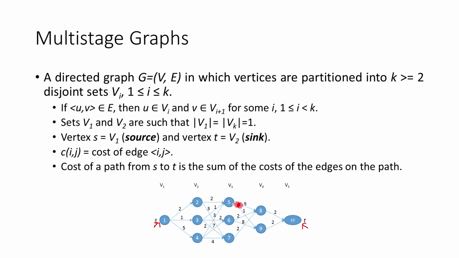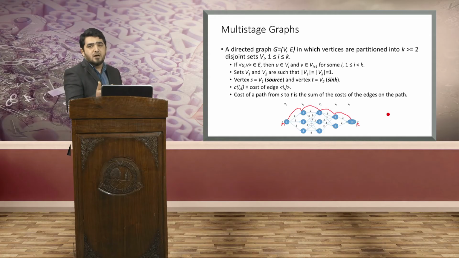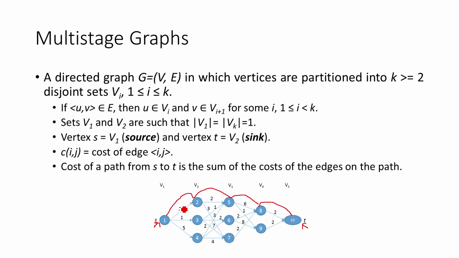If you look at this example here, if we start from node number 1 and want to go to node number 10, obviously there are many paths, and let's take an example of the path from node 1 to node 2, then to node 5, then to node 8, and finally to node 10. This is a simple path from source S to the sink T, from the first stage to the last stage, and the cost of this path would simply be the sum of the costs of each of these edges in this path.